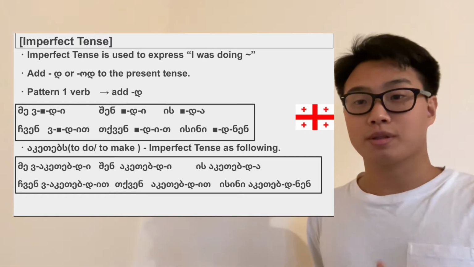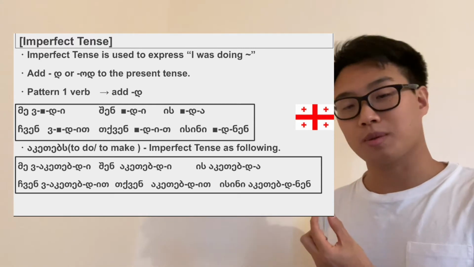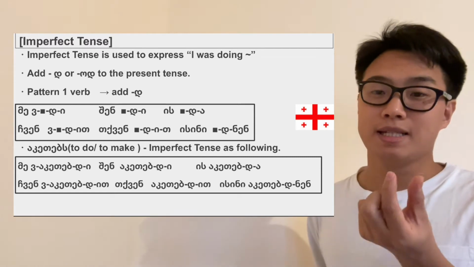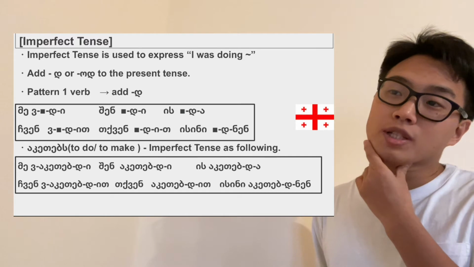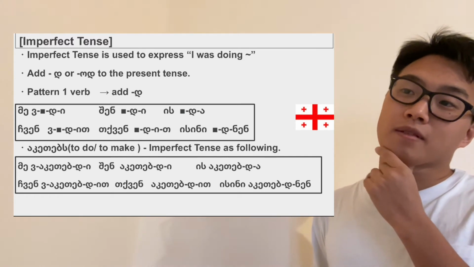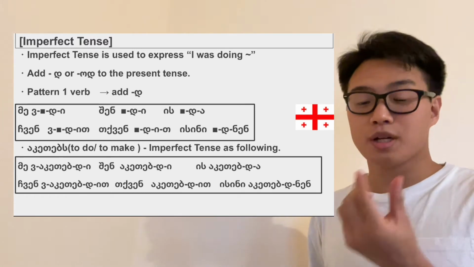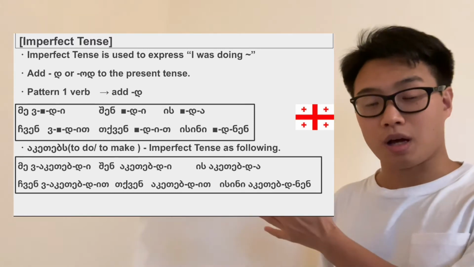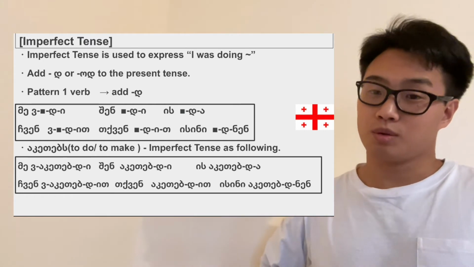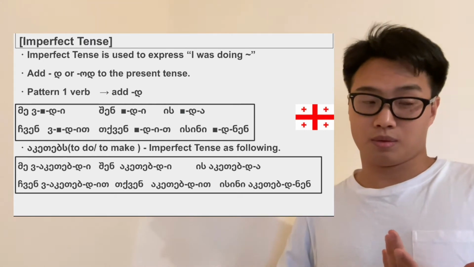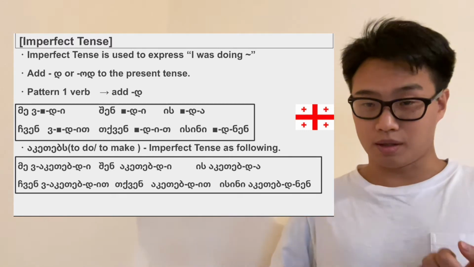And then third person singular form is, not ergative case, but nominative case, is aketebda. We just have to change the last vowel to a. So shen aketebdi and is aketebda, right? And as for chven and tkven, we have to add -t to the end of the verbs for first person and second person plural forms, right?